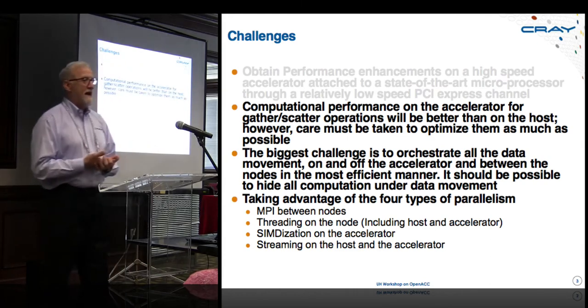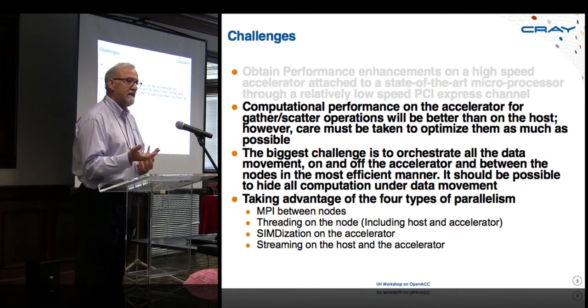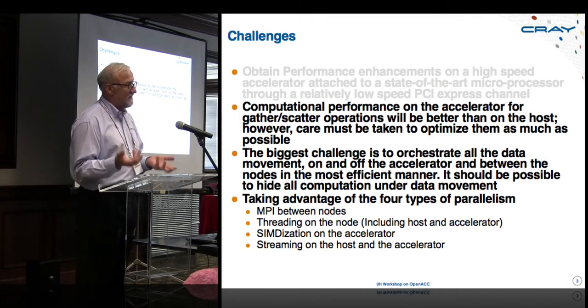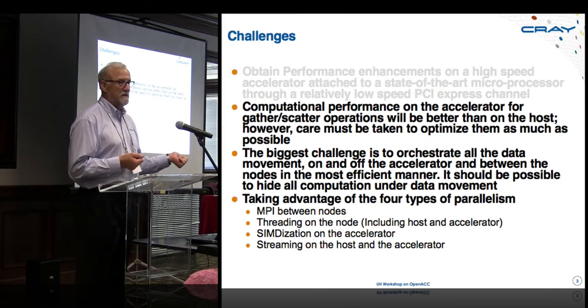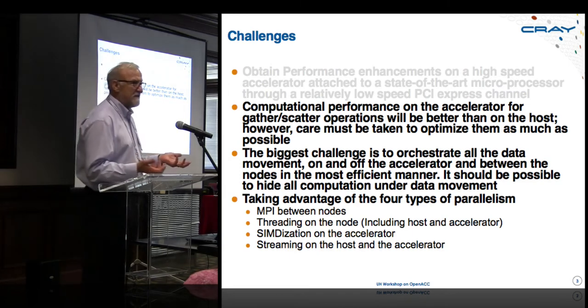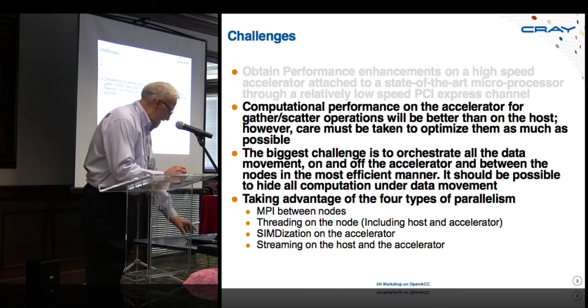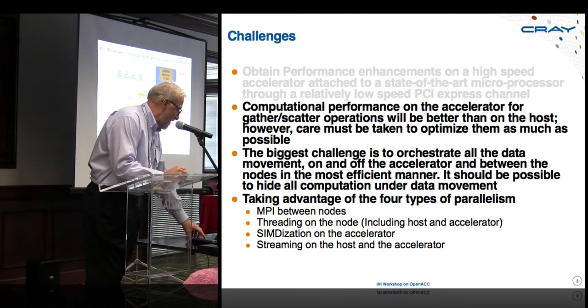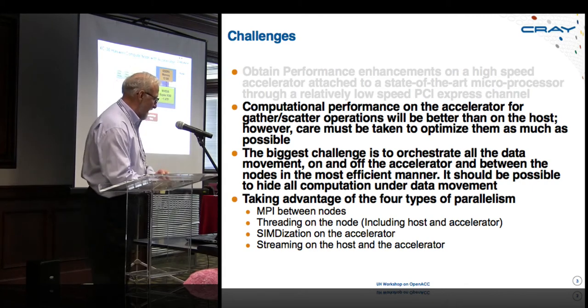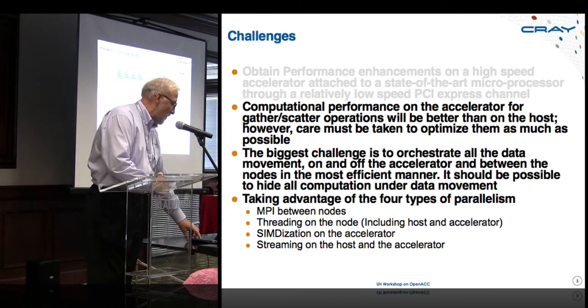So even if you have low computational intensity, it certainly is the fact that the performance on the accelerator can be better than on the host, especially for gather-scatter. Gather scatter is something that needs a lot of bandwidth. And as we see here, the bandwidth on the accelerator is more than the bandwidth on the host by a factor of 3.